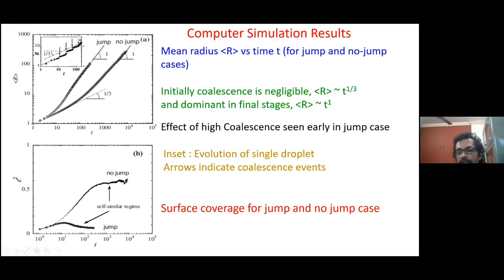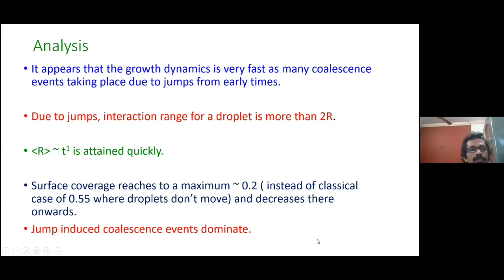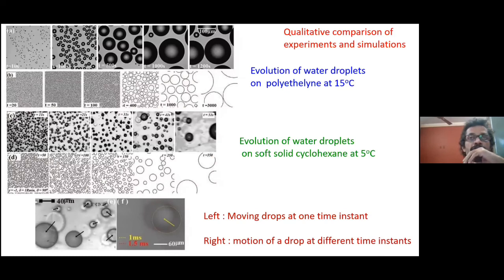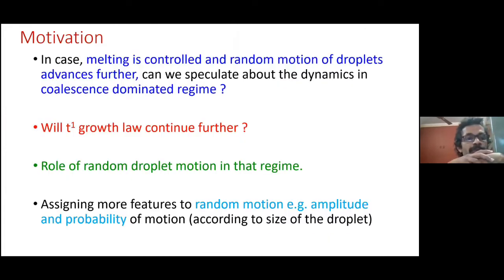Okay. So after reaching this typical regime, because there are some experimental limitations, I am coming to that. There are some experimental limitations: one cannot stop or control the melting of the substrate.